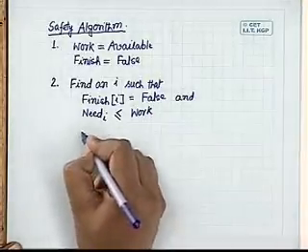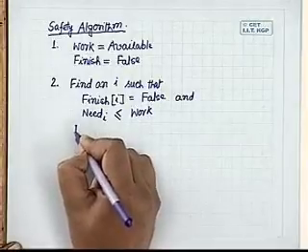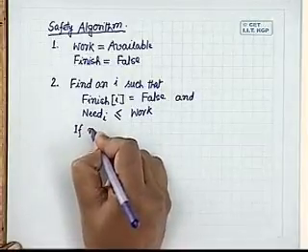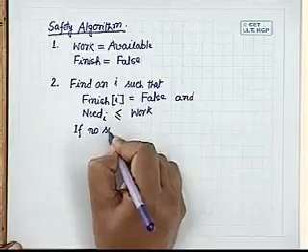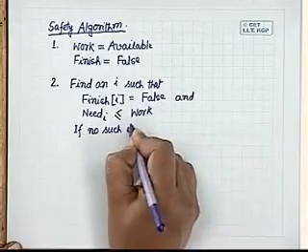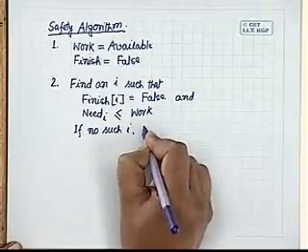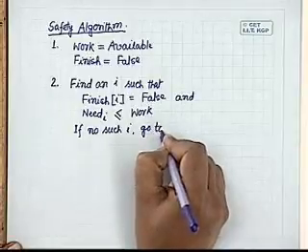If there is no such i, then go to step 4.